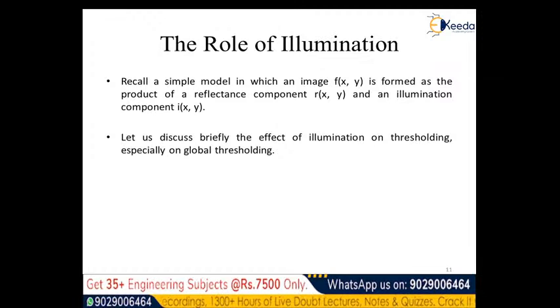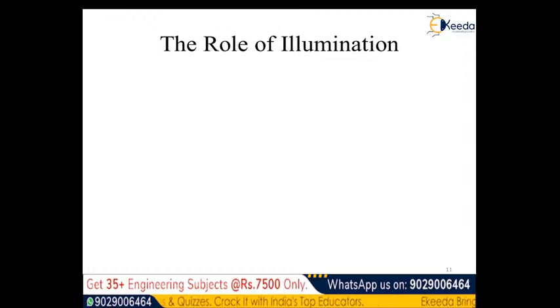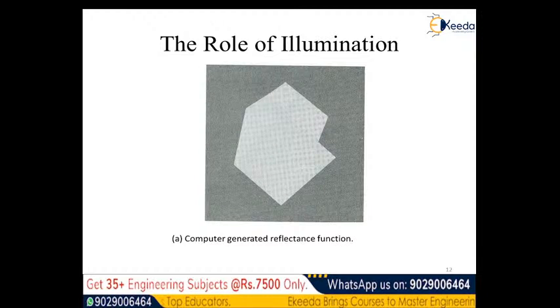For example, let us consider a computer generated reflectance function that we visualize in the figure. Let us consider this to be figure part A. In this computer generated reflectance function, you see a certain background and a certain region having a different pixel intensity.